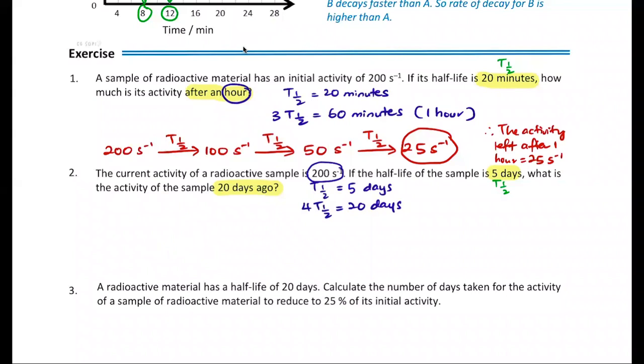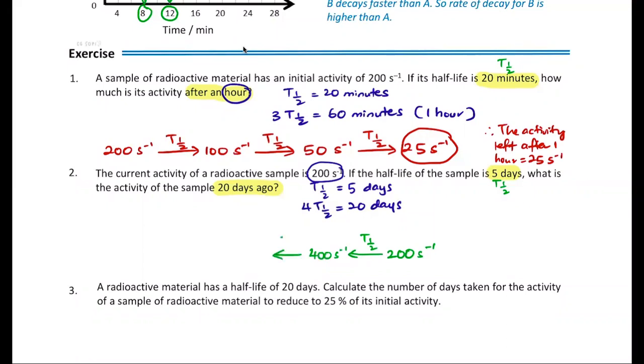No. So this one is wrong method. So what we do is we count it backwards. So this is the activity. Now we calculate it backwards. So instead of dividing by 2, you should multiply by 2, because this is going backwards. So 200 you times by 2, you will get 400 per second.